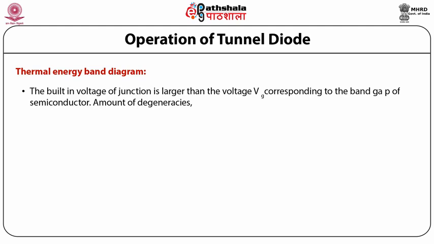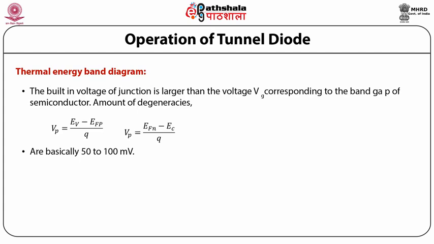The amount of degeneracies, that is Vp equal to EV minus EFP by Q and Vn equal to EFN minus EC by Q, are typically around 50 to 100 millivolts.